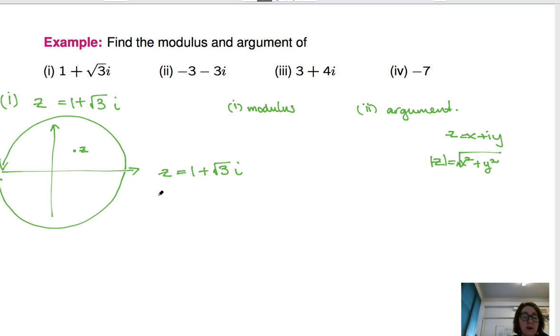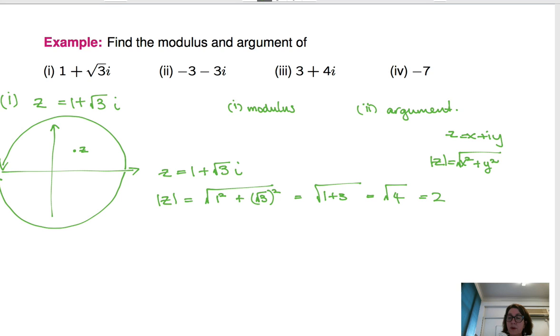So the modulus of z is equal to the square root of 1 squared plus root 3 squared. So this is just equal to the square root of 1 plus 3. And we're only taking positive square roots here because we're measuring a distance, so we don't want that to be a negative number. So the modulus of the complex number is 2.